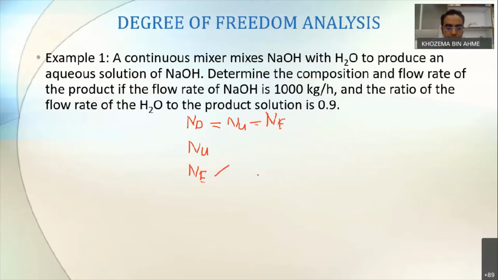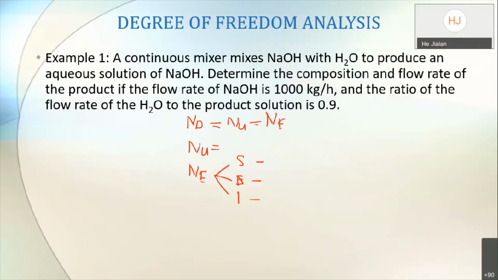NE can be divided into the number of species, the number of explicit relations, and also implicit relations. So how many values are there? First of all, start with the number of unknowns. How many unknowns can you have?